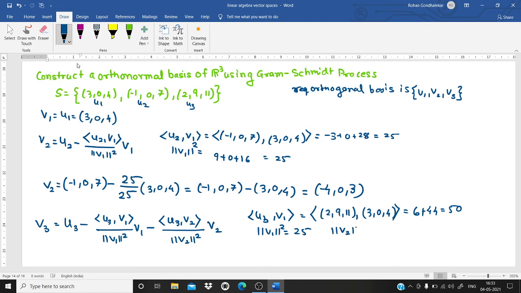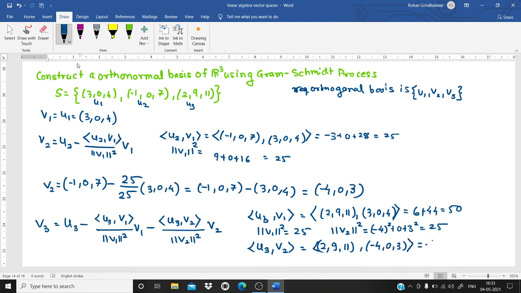Norm v1 square is already calculated, which is 25. What is norm v2 square? This is my v2, its norm square will be minus 4 square plus 0 plus 3 square, which is 25. Now the inner product of u3 with v2: 2, 9, 11 with minus 4, 0, 3.